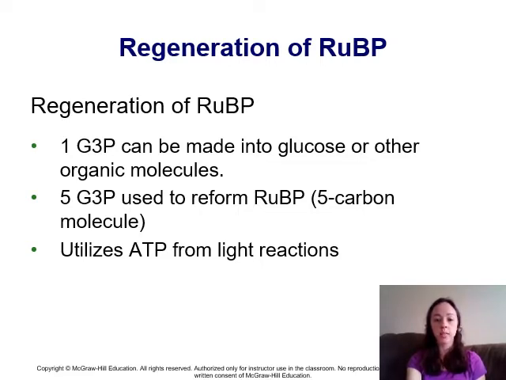Using ATP, the 5 G3P are used to make 3 RuBP to be used in the cycle, and which will leave 1 G3P to be created into the various sugars the plant will need. So with every 6 turns of the Calvin cycle, you will end up with 1 glucose molecule.